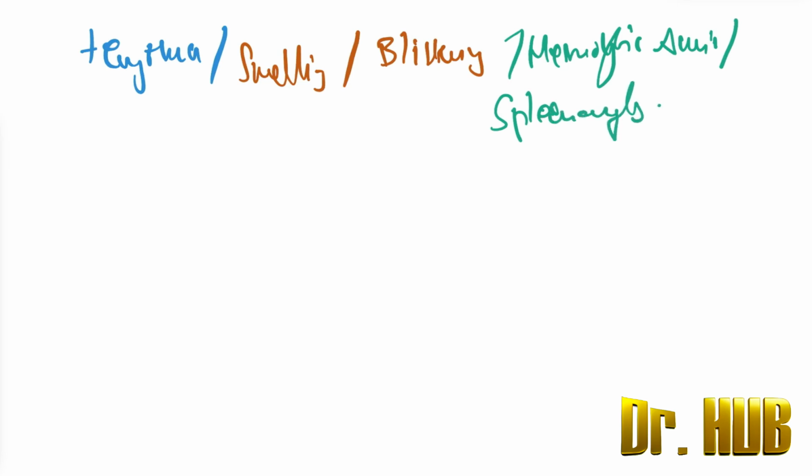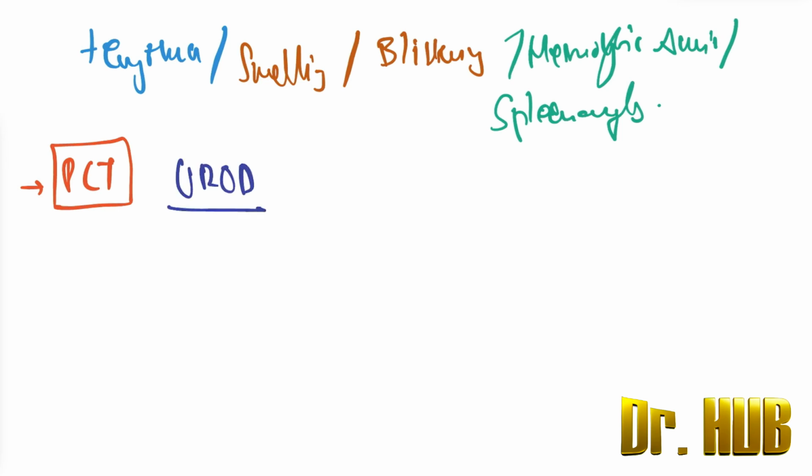Next, we move on to porphyria cutanea tarda. In short, we are writing it as PCT. And what is the deficient enzyme? The deficient enzyme is UROD, which stands for uroporphyrinogen decarboxylase. What is the lab finding here?